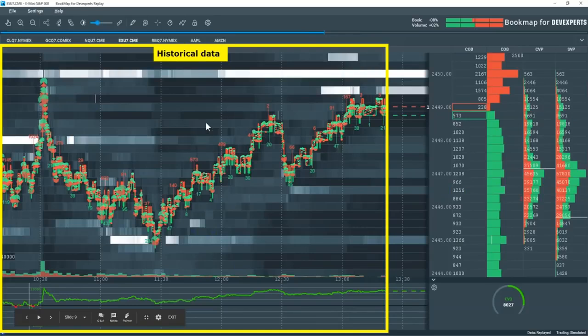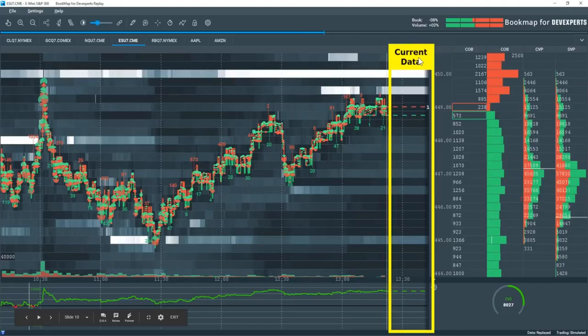Okay, so I need to show Bookmap. I need to go over it here. What are you looking at in the user interface? This whole area here is historical data. Here is your current data. This is your best bid and offer here, your last traded volume here, and you'll see that this is the depth of market.